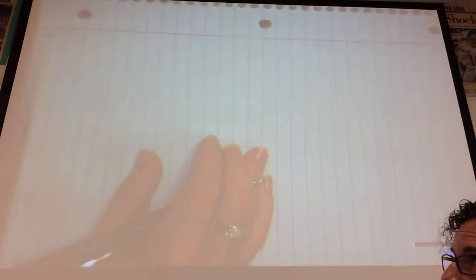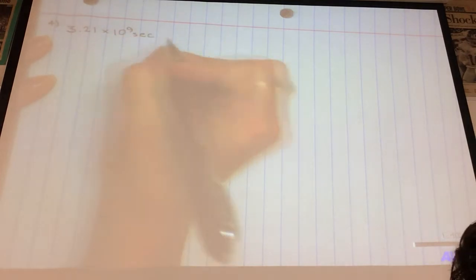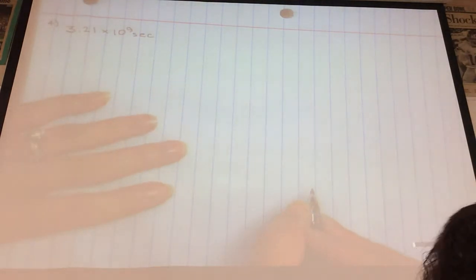On number 4, and I'm going to turn my page sideways now because some of these problems are going to get lengthy and it'll be easier to work in a landscape configuration. So on this problem, number 4, we have 3.21 times 10 to the 9 seconds, and we want to get to days.